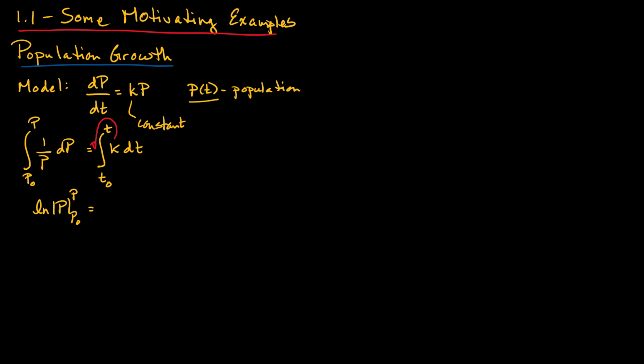And so we're just going to have the integral of dt from T naught to T. So we take K out of the integration, and then all we're left with is T evaluated from T naught to T. So this leads us to ln of P minus ln of P naught is equal to K multiplied by T minus T naught.